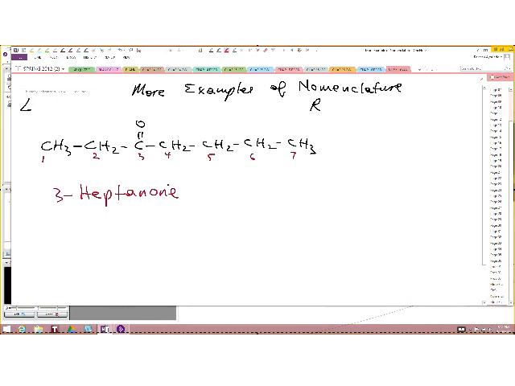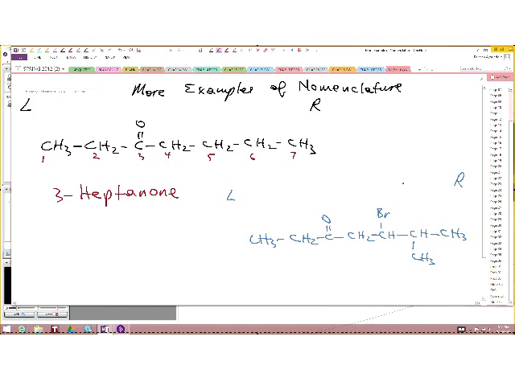Now, if you have substituents, you have to indicate the names of the substituents appropriately. For example, if we have this, once again, this is my left and this is my right. Where do you think we need to start numbering? From the left.